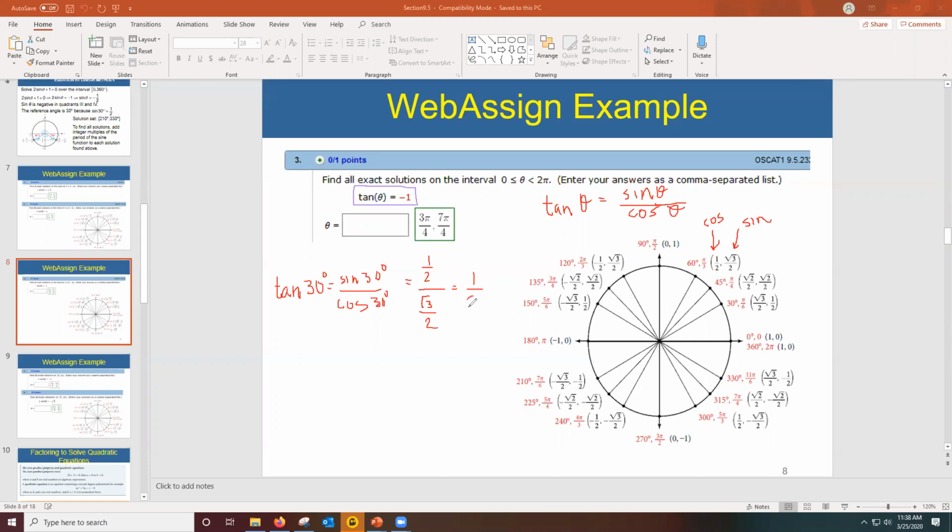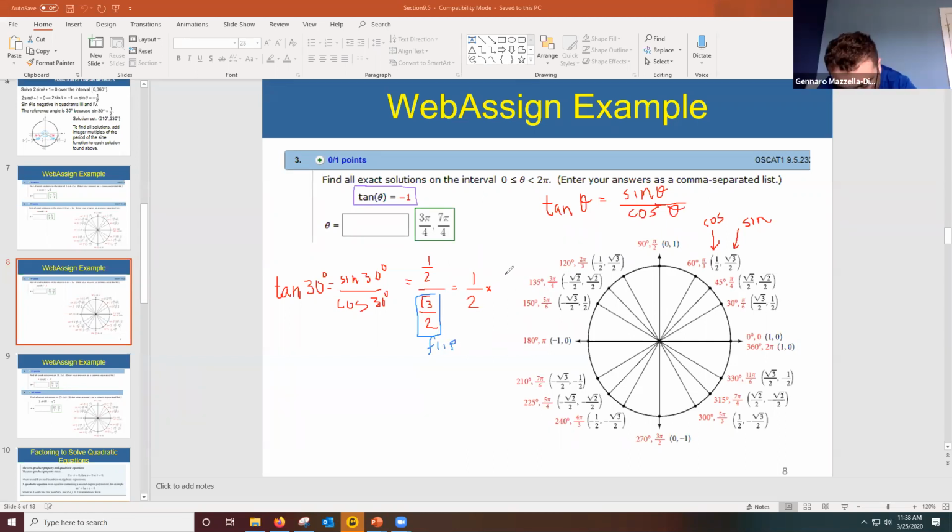You keep the top fraction as is, change to a multiplication, and then take the bottom fraction and flip it upside down. So I'm going to flip this bottom fraction upside down, and that's going to be 2 over square root of 3. All right, well, I'm noticing the 2 on top cancels out with the 2 on the bottom. So the tangent of 30 degrees is 1 over the square root of 3.